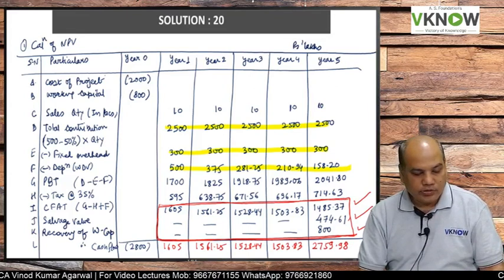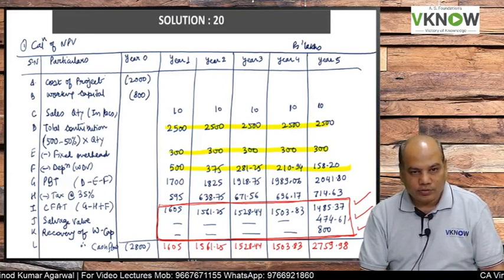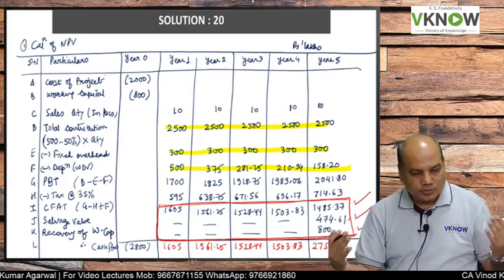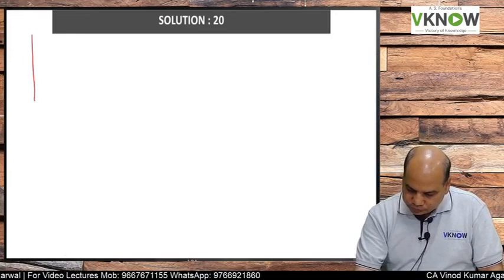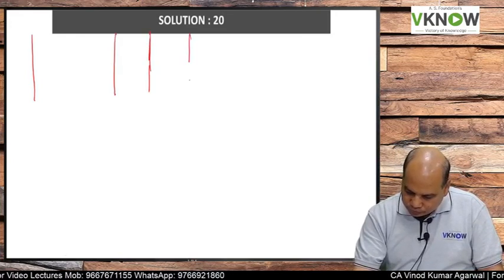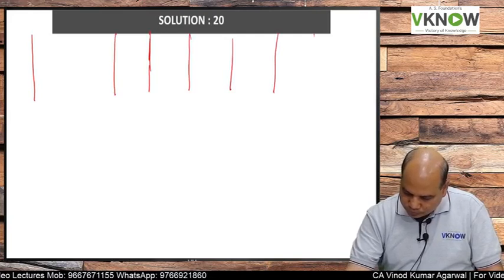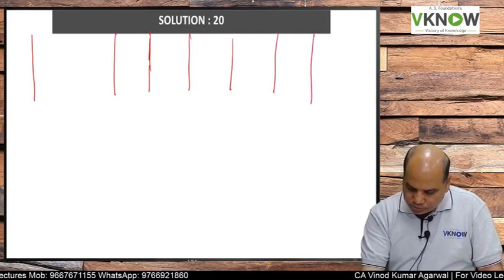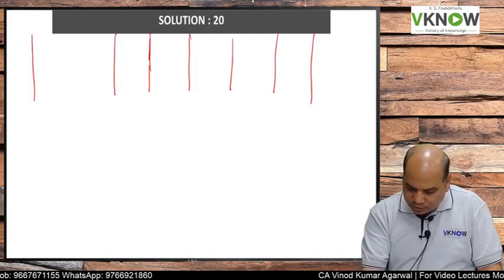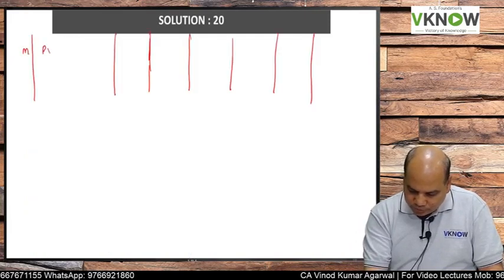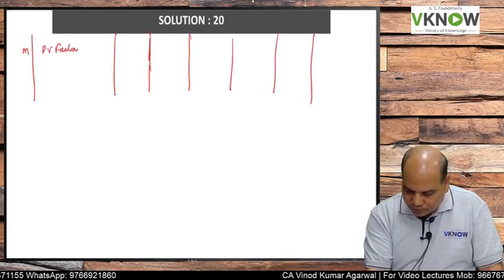Done? Please check. The answer is not over. You have to compute the present value. So how many points have we written? L, right? M, PV factor at 15%.